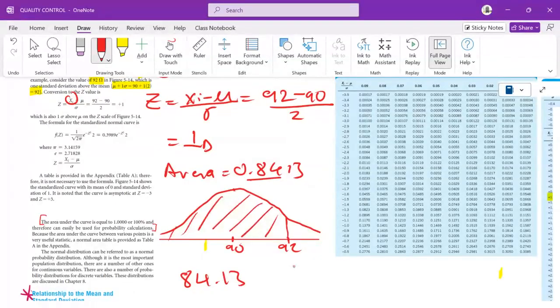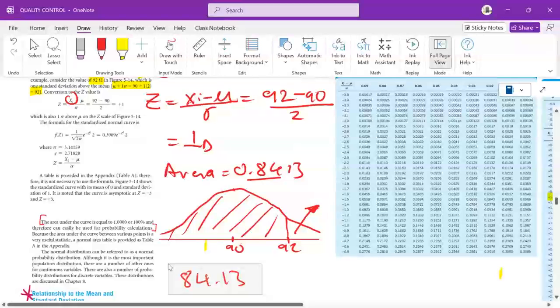If you are asked to find the area here, this is the area at 92. At times you will be required to find the area above 92, which when you look at this is going to be 100. Okay, this doesn't want to work. I must rather do this.